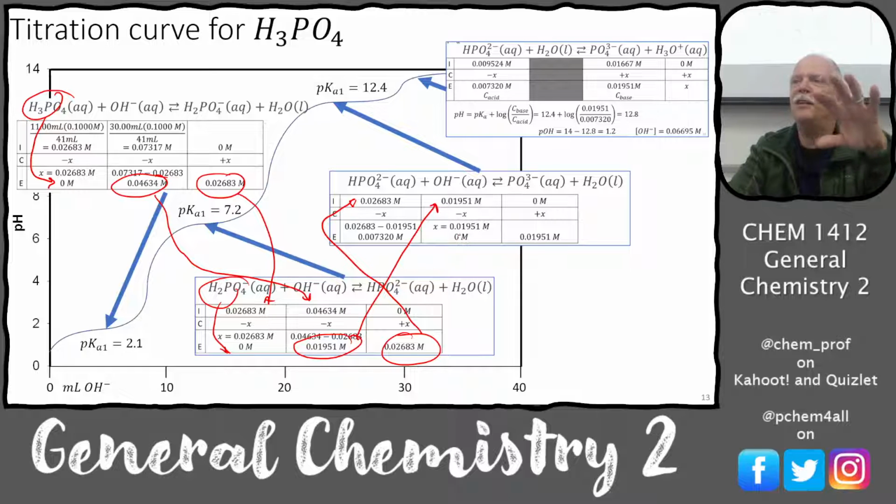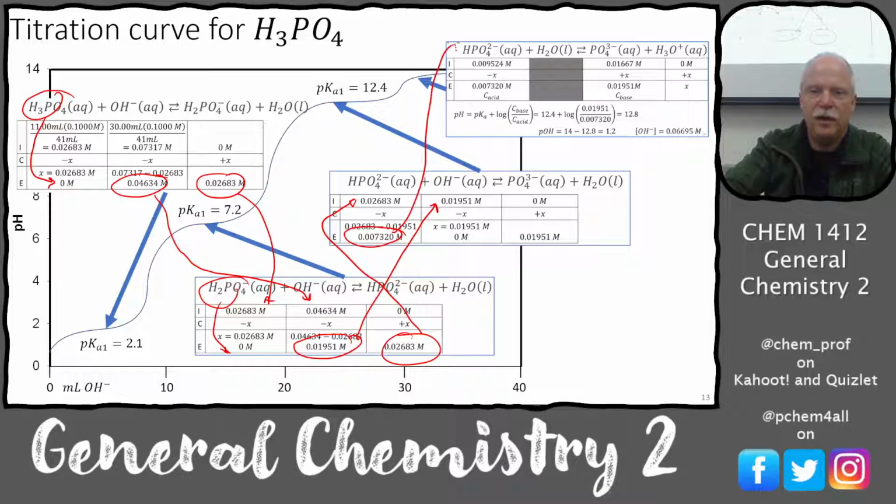Again, it's a limiting reactant problem, so that's always a temporary step. It went to 0 temporarily, and then we do the equilibrium to see how it shifts back. So we took it to 0, and then we had these concentrations, and we took this one and put it up here, and we took this one and put it right here.